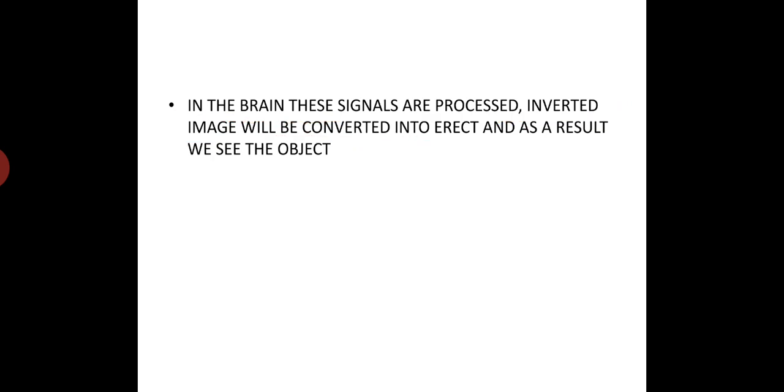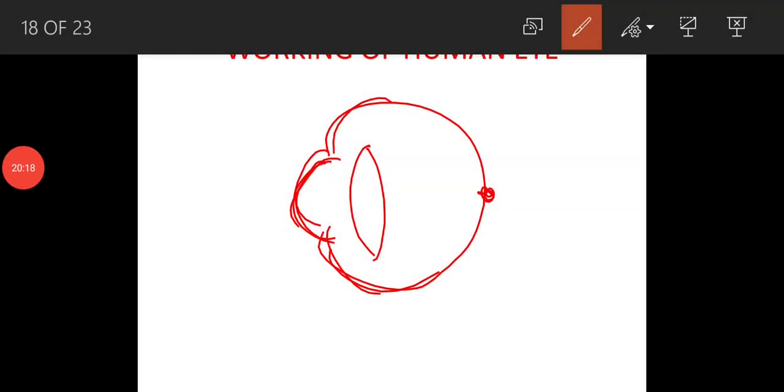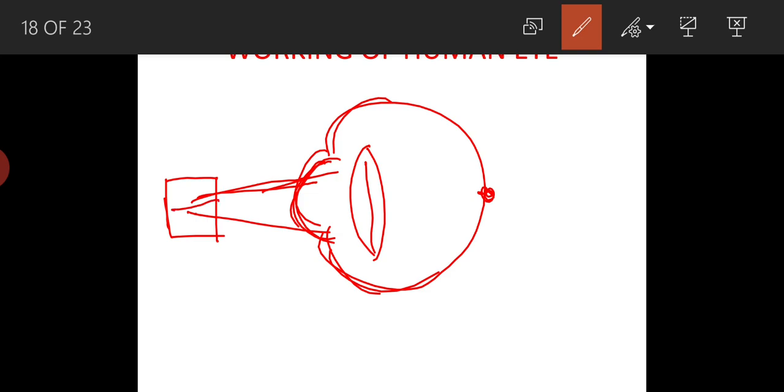Now let us see the working of the human eye, how it is going to work. When an object is placed in front of the human eye, light rays coming from the object will first fall on the cornea, and after falling on the cornea they will pass through the cornea, aqueous humor, iris and pupil, and after that finally these light rays will reach the lens.